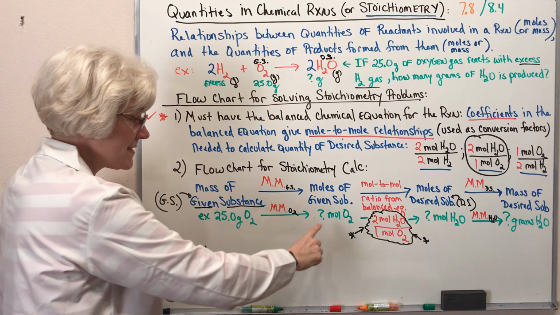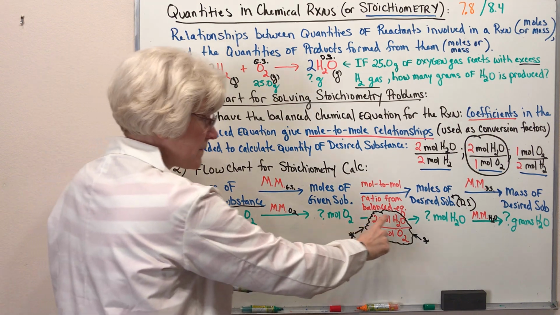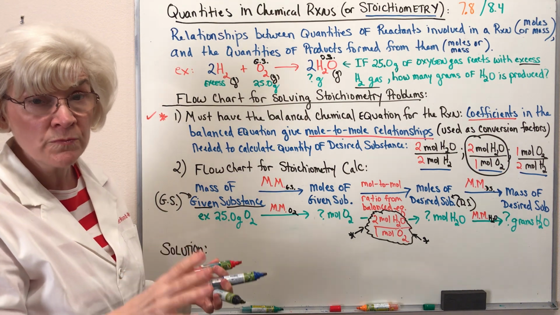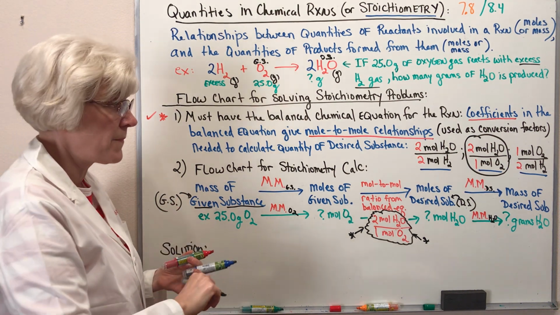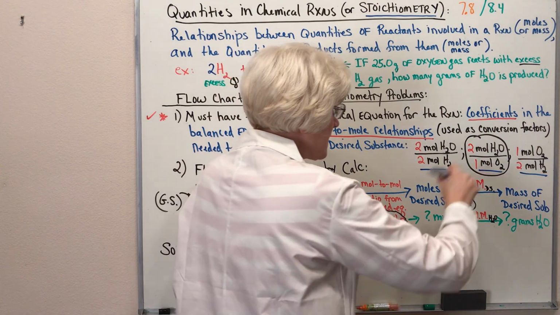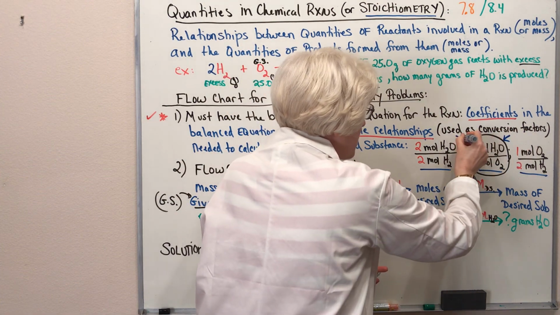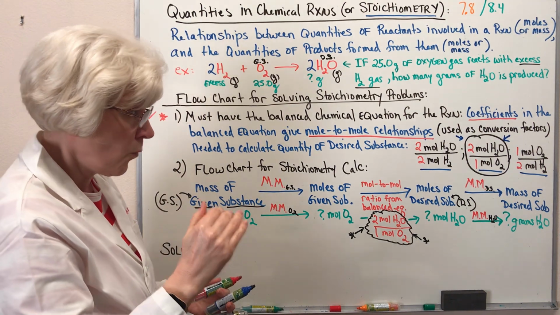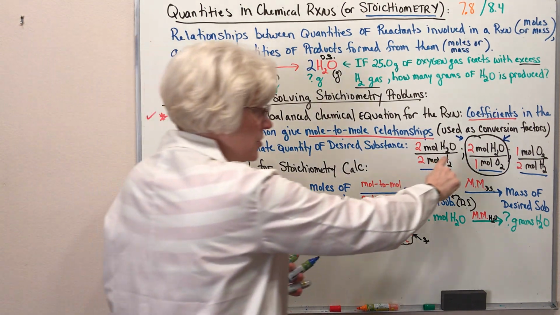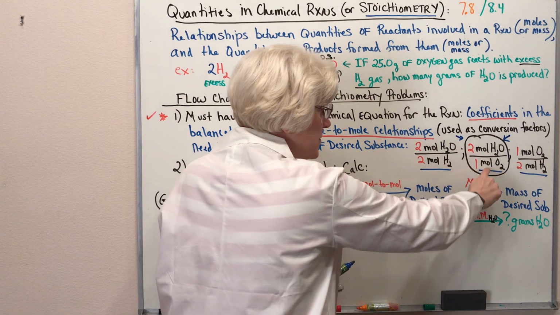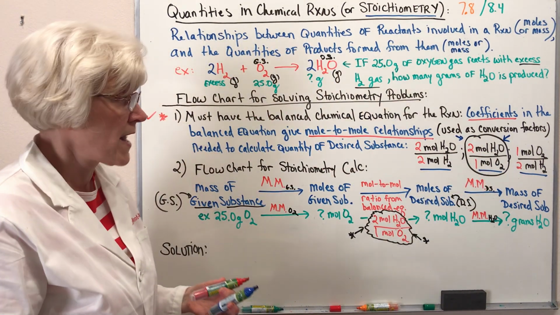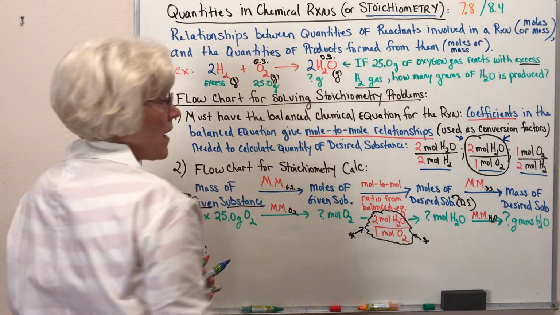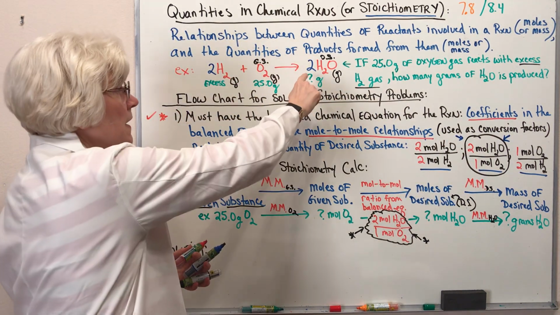So the way I'm going to get from moles of oxygen to moles of water is to use a mole-to-mole relationship from the balanced equation, specifically this middle one here that gives me the relationship between water and oxygen. 2 moles of water is produced for every 1 mole of oxygen that reacts, and this relationship is coming right from the balanced equation.